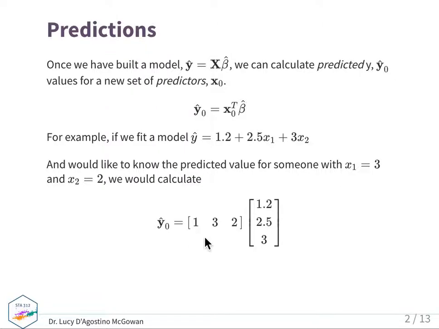So you'll have the intercept plus the values for your predictors of your new observation, and you multiply that by the beta coefficients. I've pulled out the 1.2, 2.5, and 3. And so when you multiply these together, you get that single value for y hat, 14.7.